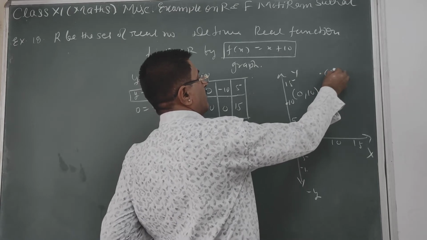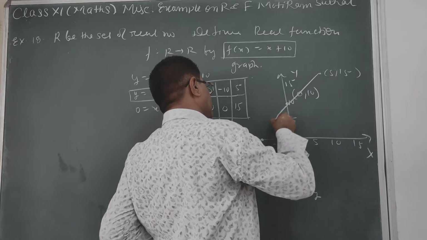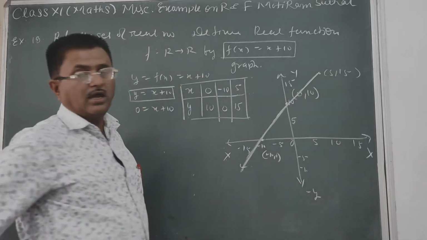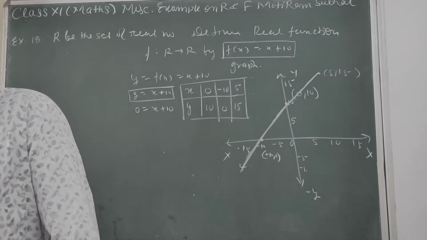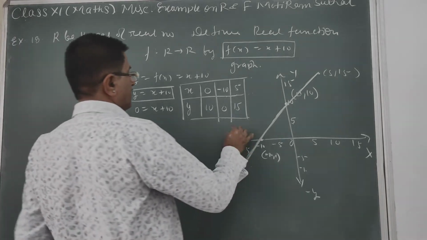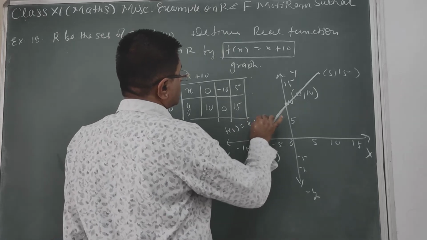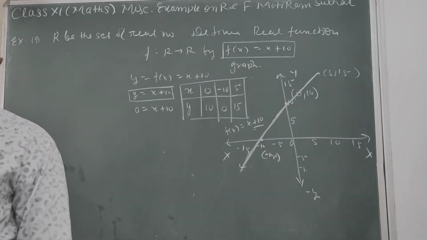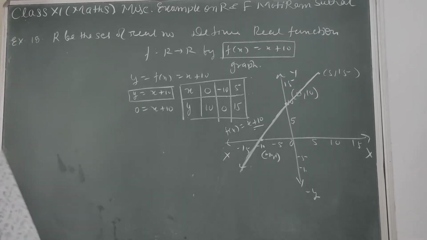Now you can join these 3 points with the help of a ruler, and you get a straight line. So this is the graph of the function f(x) equal to x plus 10. Clear? Here the function defined is in general called a linear function.